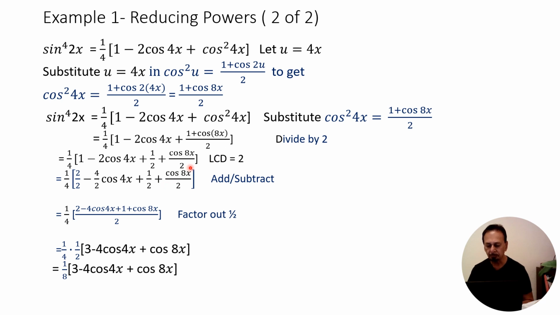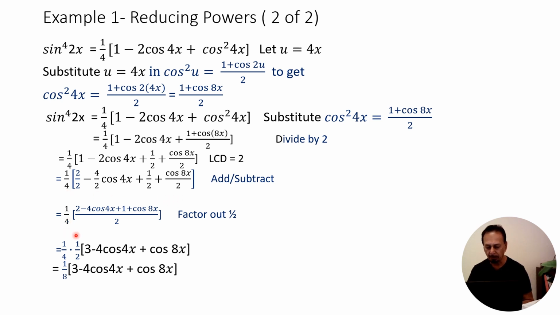Okay, now we combine all this, add and subtract. The LCD is 2, so we convert 1 into 2 over 2 and 2 cosine 4x into 4 cosine 4x over 2, plus 1 half, and plus cosine 8x over 2. Now we have the same denominator.